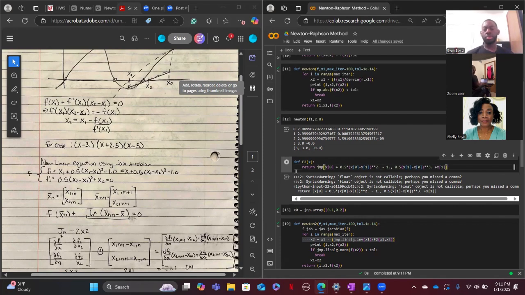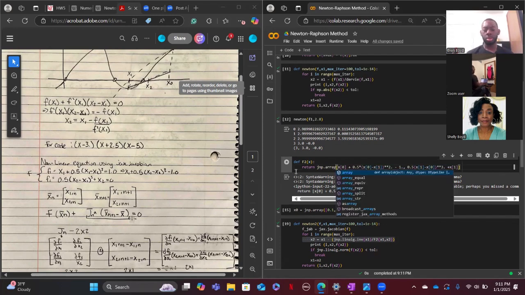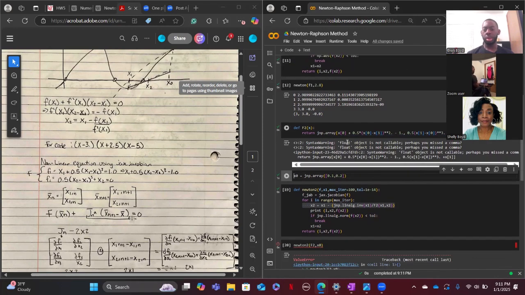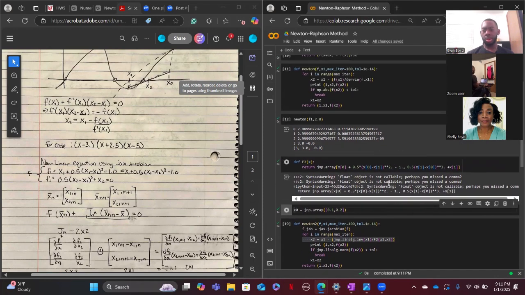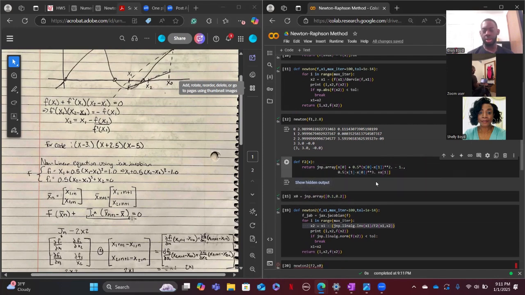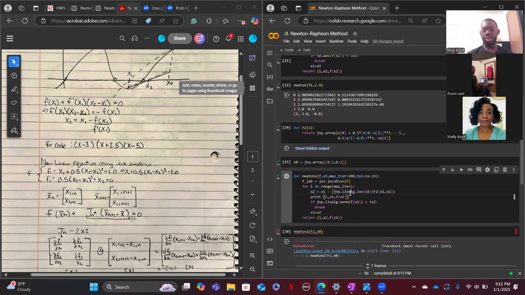Let me do something. JMP.array. I'll just make it into array. Maybe that would help. Maybe that is the problem actually. I'll do this. Okay. I don't think this is necessary. I think this is fine though. And then we have to fix this.